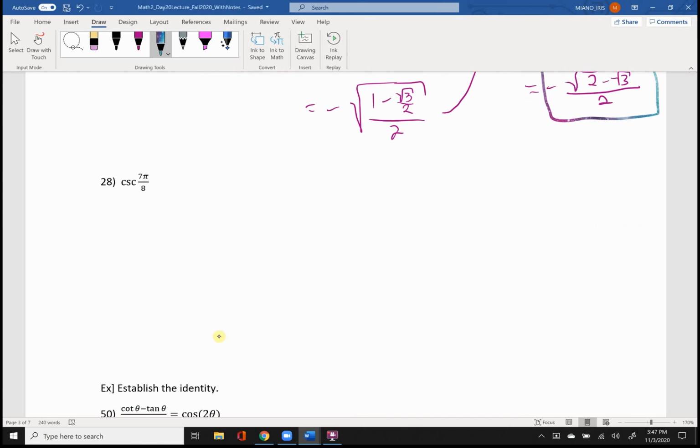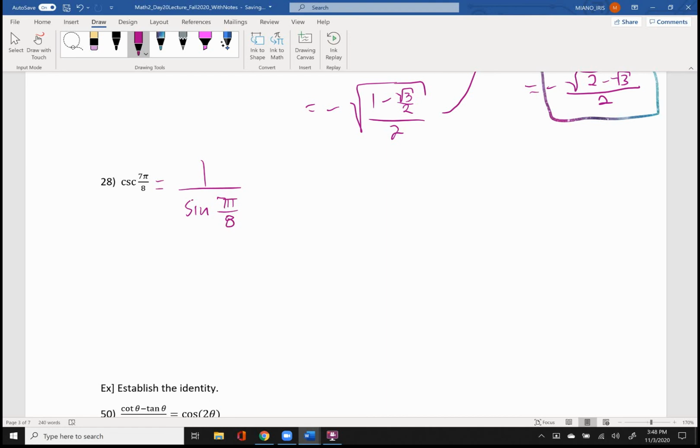So we're now in radians instead of degrees. Nothing we can't handle though. That'll be equal to what? 1 over the sine of 7 pi over 8. That's just converting the cosecant to the way more familiar sine reciprocal function.